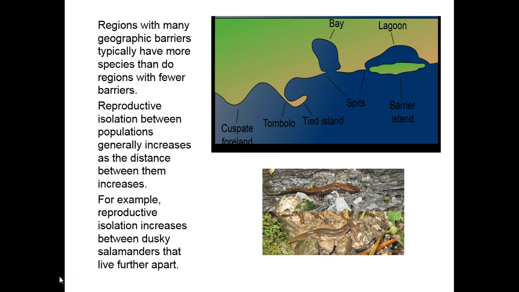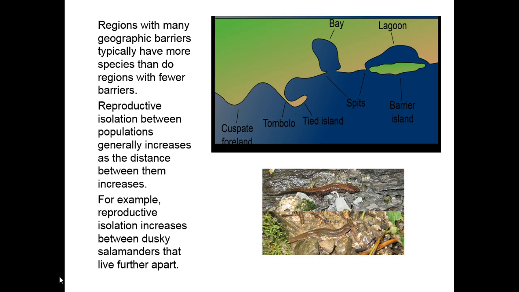So that's why we see all of these in areas like our Chesapeake Bay, where you have these inlets, a great variety of species. And it's another reason why it's so important to try to protect these areas, because that's where there is so much variety when it comes to species.